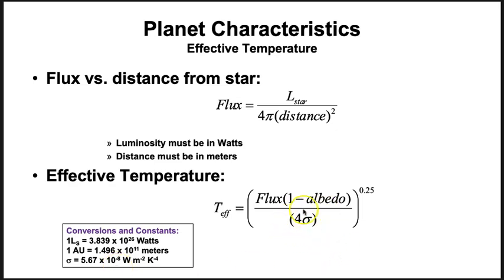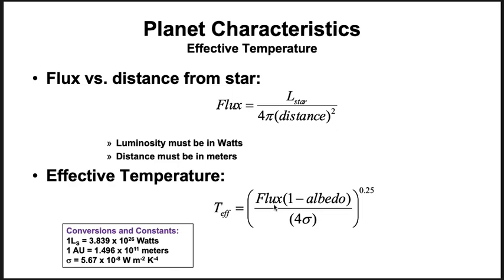This isn't a variable. This is always just going to be the same 4 sigma. Take all of that to the 1/4 power, and you've now figured out what temperature the planet must be warmed up to such that it is losing energy at the same rate that it's absorbing flux from the star. Okay.